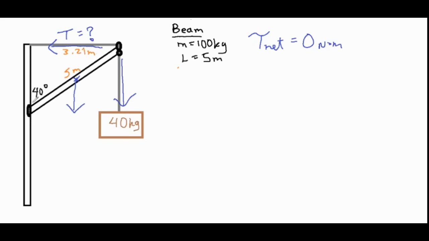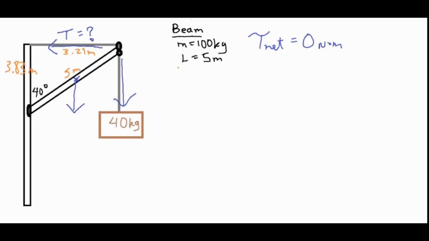And if we use the cosine of 40 times 5, then this distance right here would be 3.83 meters. All right, so now that we have every side of our triangle, we're good to go for all of our distances. And this 3.21 across the top would be the same as 3.21 across the bottom. And this 3.83 along the side over here would be the same thing as 3.83 along this side as well.